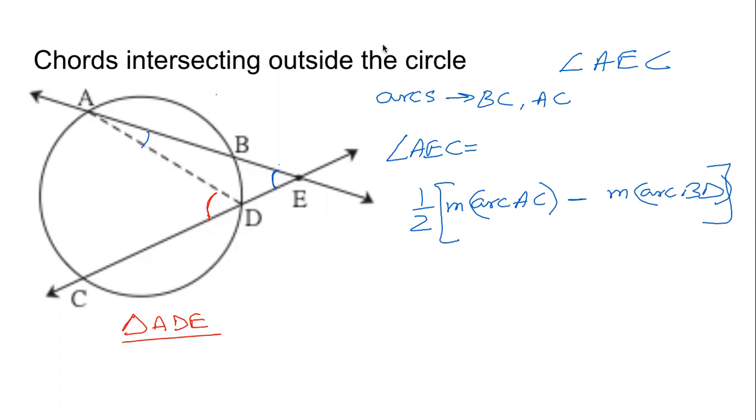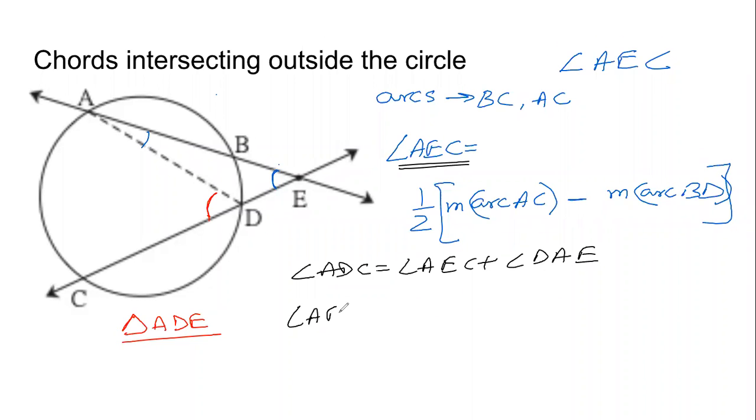So what we can say is angle ADC equals angle AEC plus angle DAE. Exterior angle is equal to the sum of remote interior angles. We need AEC, so separating AEC, angle AEC will be equal to angle ADC minus angle DAE.